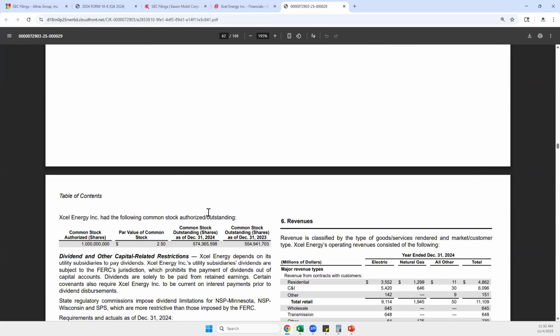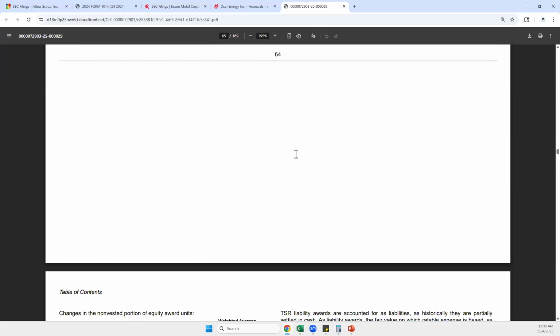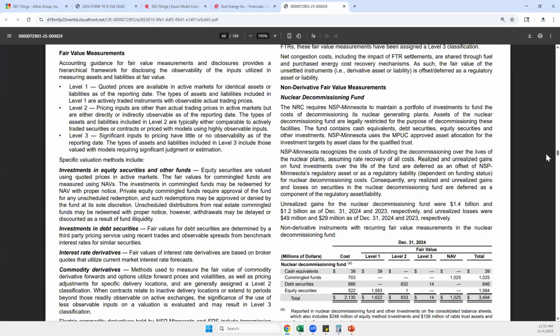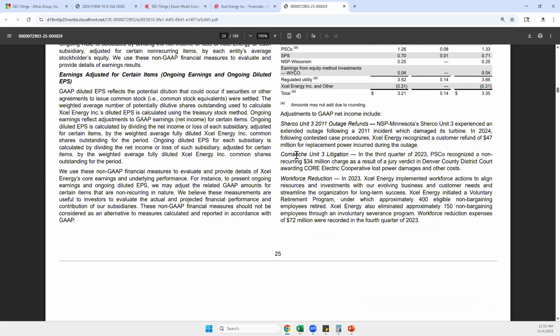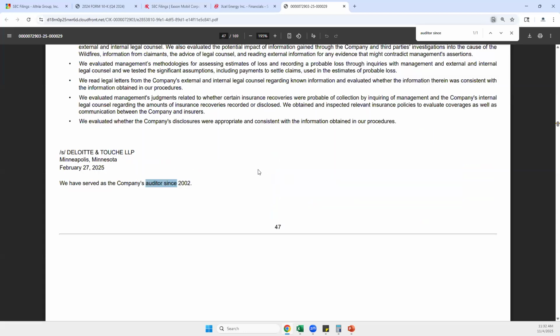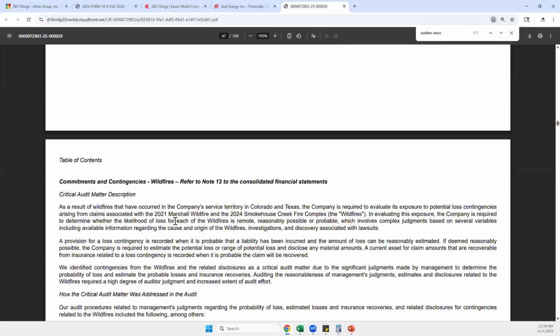And if we take a look at the balance sheet, we can see how it's disclosed. And once again, my cheat sheet to find the financial statements is to search auditor cents. It only ever shows up in the audit report.